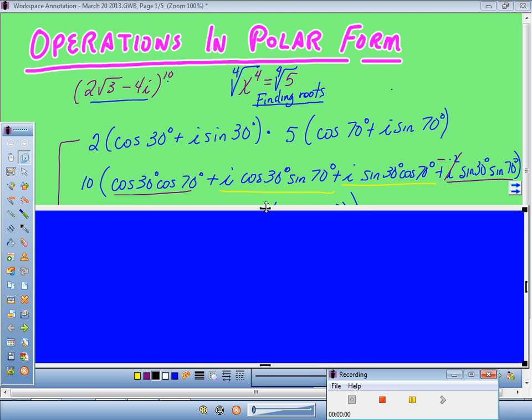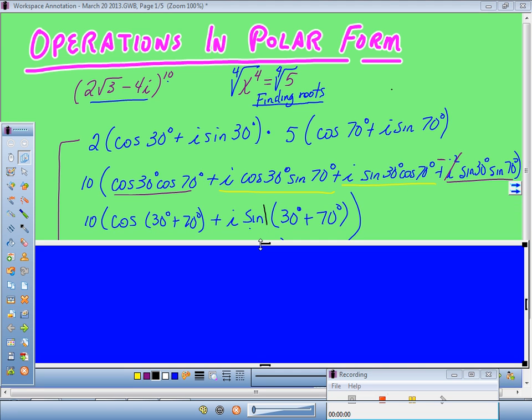If you look on your yellow sheet on the back side, you'll see that there's an identity: cosine 30, cosine 70, minus sine of 30, sine of 70, is your cosine of A plus B identity. So I'm going to convert the 2 purple ones into the cosine of A plus B. In our case, that's 30 plus 70.